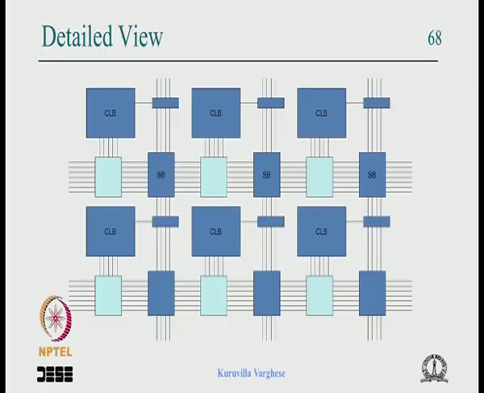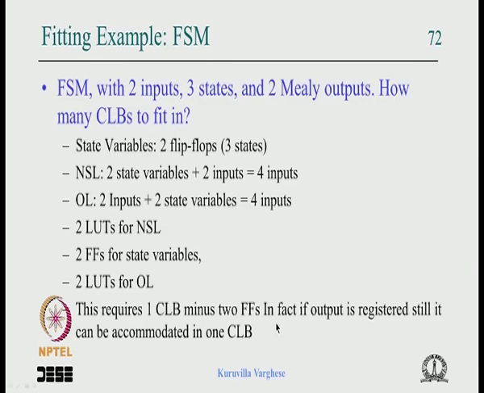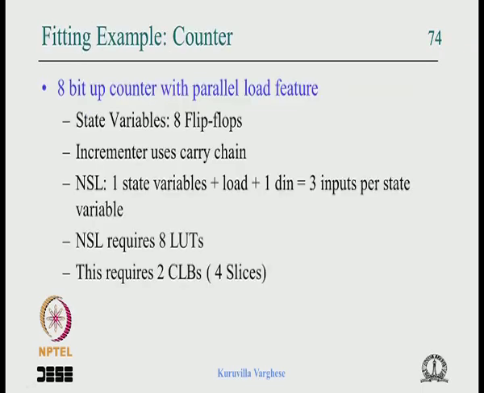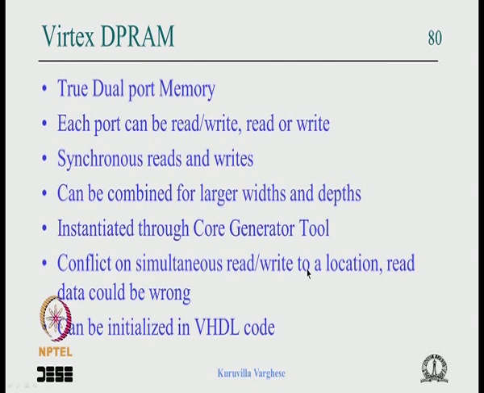We have seen the IO block, we have seen the whole circuit, we have seen a little bit of the tri bus line, and we have seen some example of fitting an FSM counter, and given a VHDL code how to even trace the routing within a CLB, and we have seen the block memory usage.